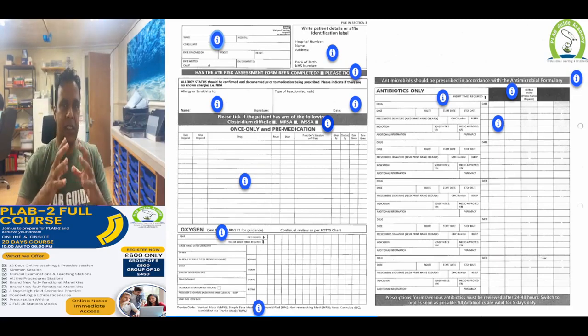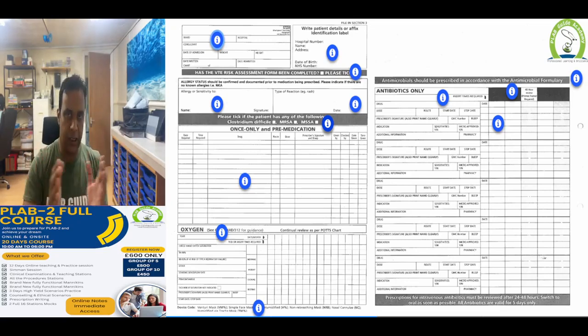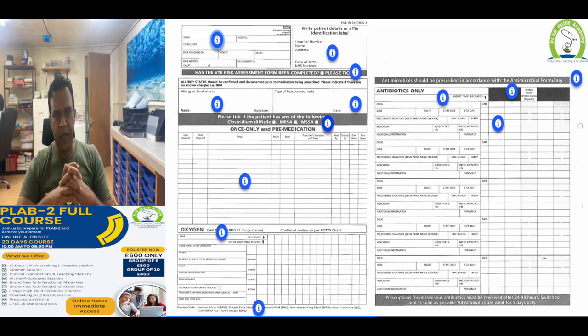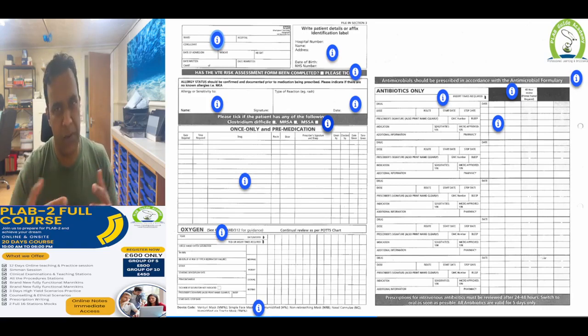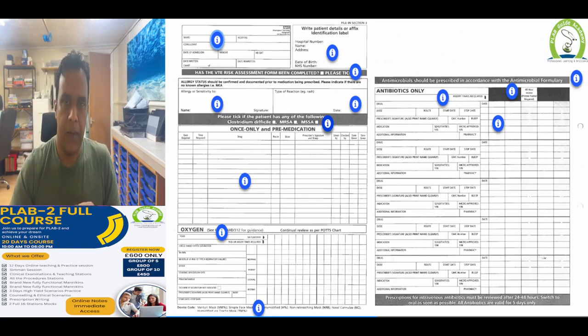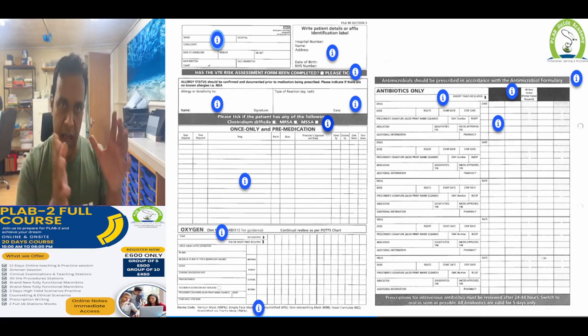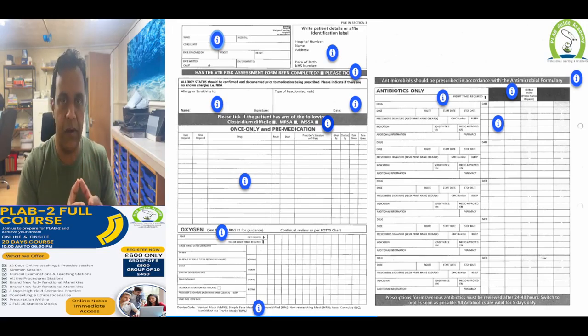These are the places for where all the medications which require the loading dose or which are just one off, you can write in here, like say for example, if you want to give any patient doxycycline or nitrofurantoin, they have the initial dose is different.